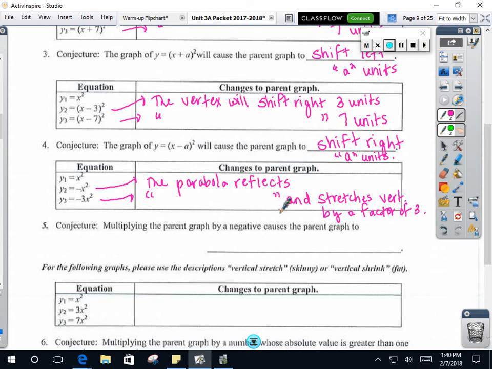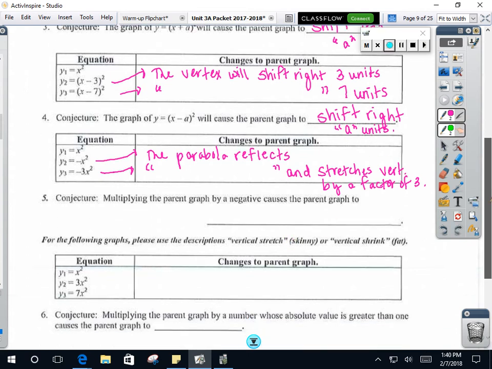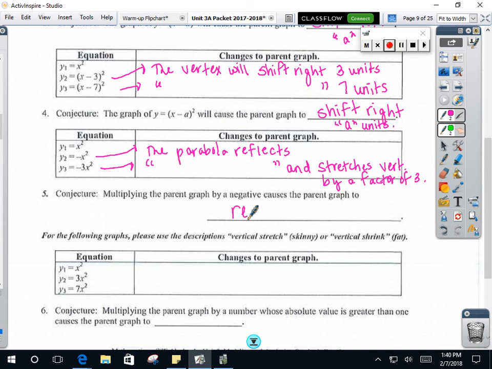Okay, so the conjecture is multiplying the parent graph by a negative causes the parent graph to reflect.